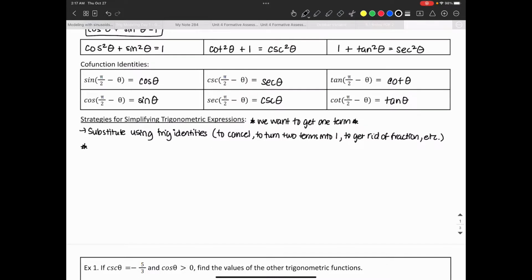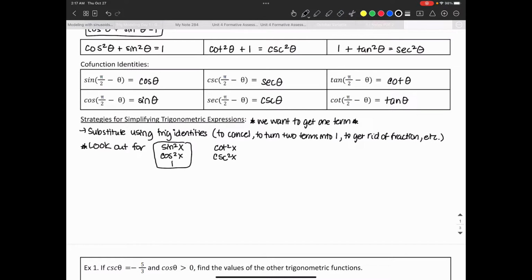Some things I want to look out for when simplifying. I know sine squared of x, if I see it with cosine squared of x or 1, these things go together, and I can probably rewrite them in some way to make it simpler. I know cotangent squared of x or theta goes with cosecant squared of x and 1.